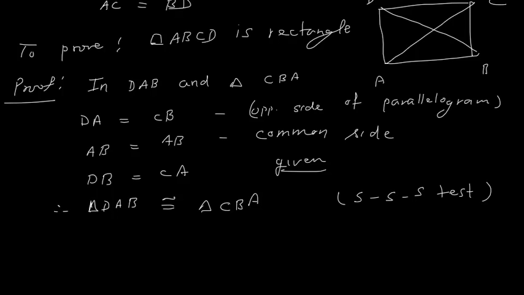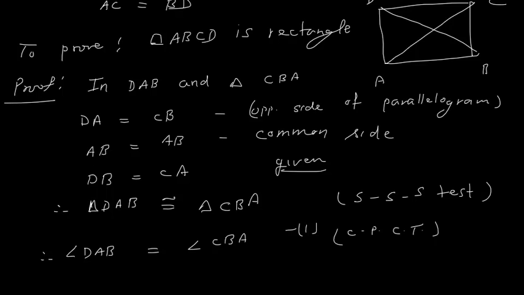Now the triangles are congruent, therefore their corresponding angles are equal. So angle DAB is equal to angle CBA, corresponding parts of congruent triangles. This I will take as equation 1.